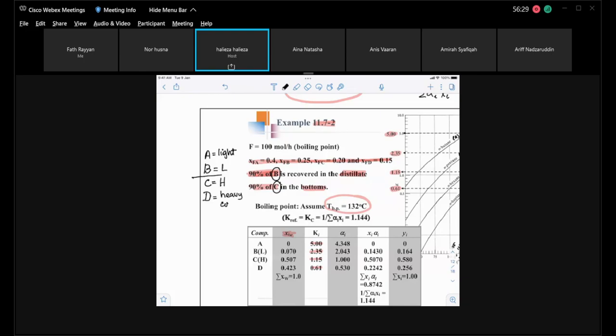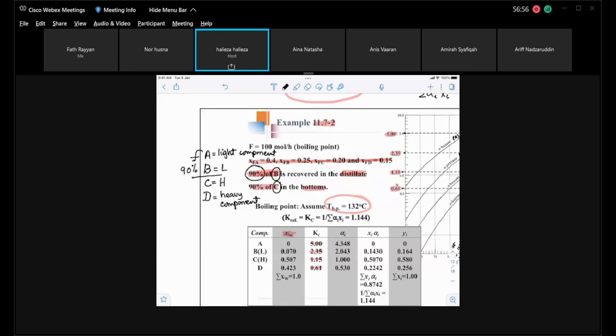I'm sorry if I made you confused just now, because I forgot that I need to do the rest of the problem. I went directly to the boiling point. So you will assume that all of A will be going into the distillate. B is only 90%, 90% of B will be in the distillate.